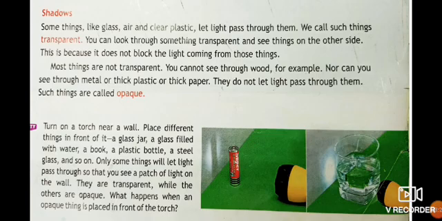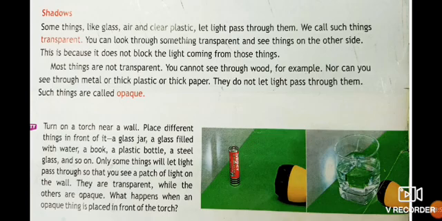You can see there's an activity down here. Turn on a torch near a wall. Place different things in front of it: a glass jar, a glass filled with water, a book, a plastic bottle, a steel glass, and so on. Only some things will let light pass through, so that you see a patch of light on the wall.